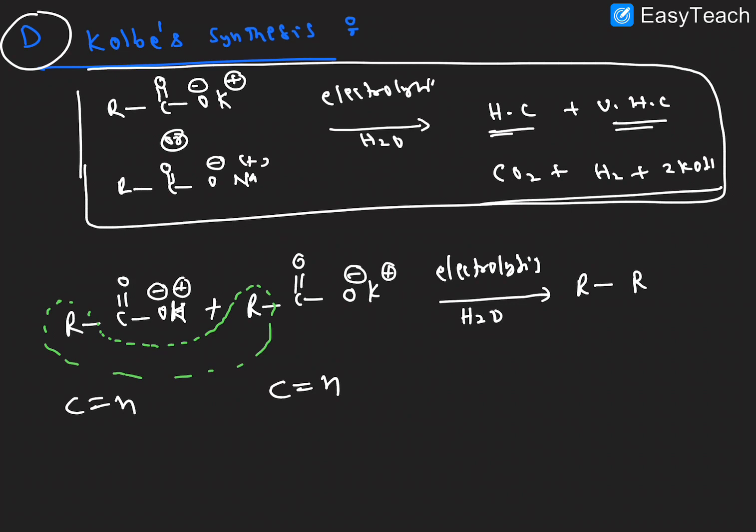And what hydrocarbon will we get here? The number of carbons is equal to 2n. So here 2 means you'll get 4. Along with that, what will we get here? 2CO2 plus H2 gas plus 2KOH. This is the saturated hydrocarbon we get.